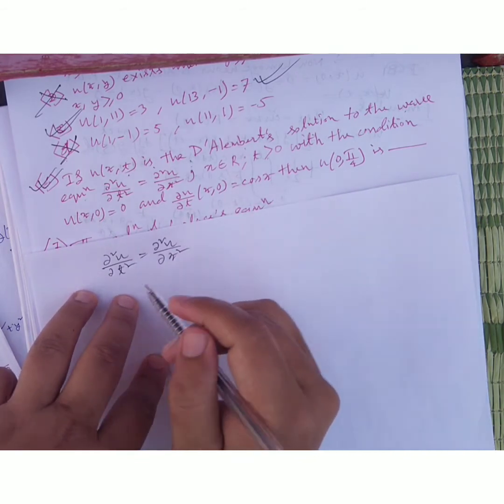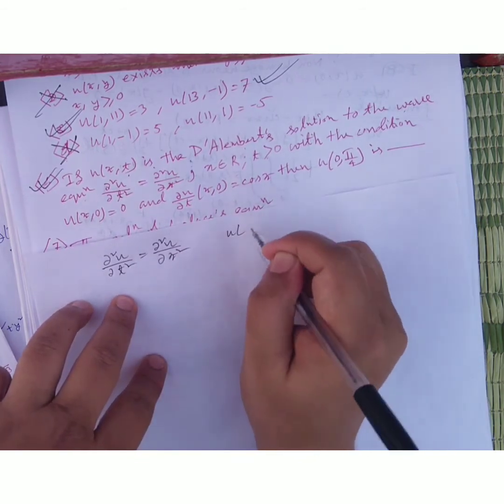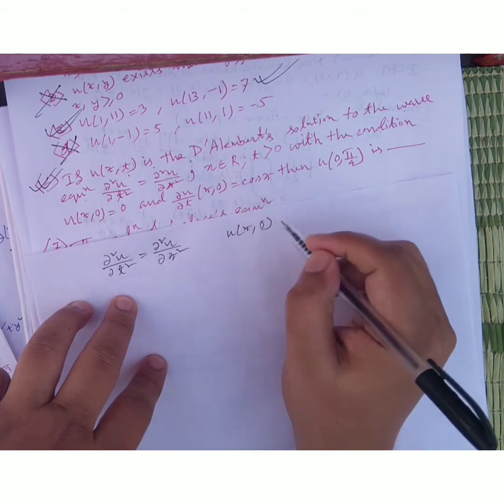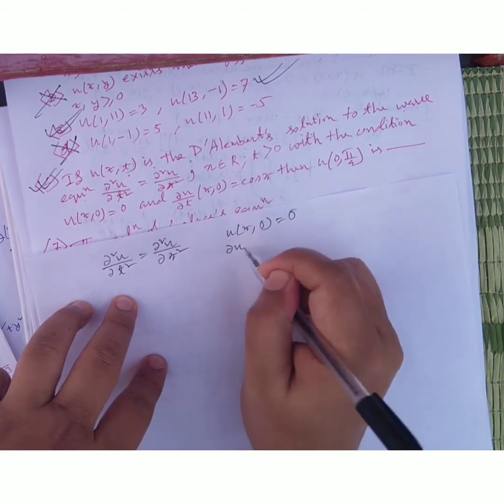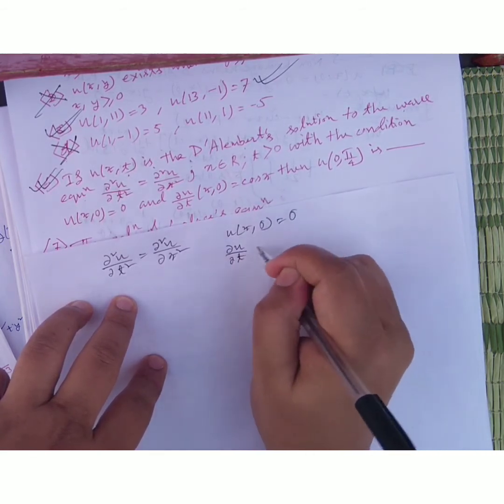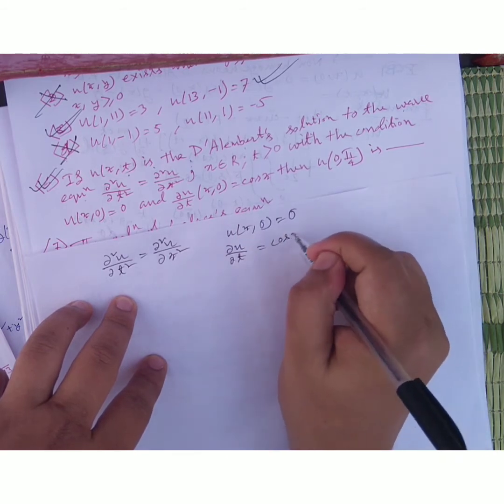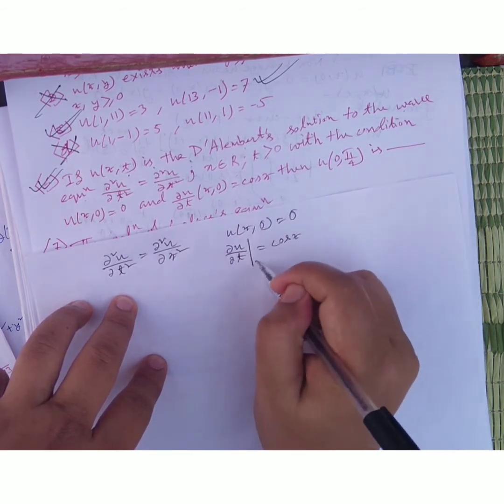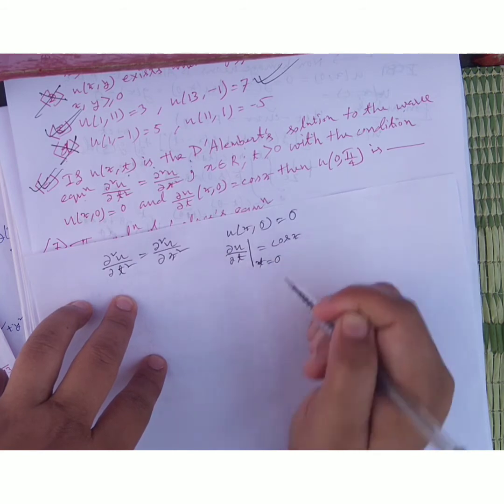So friends, I have told that u(x, 0) is equal to 0 and del u by del t is equal to cos x, where t is equal to 0. Okay, no problem.